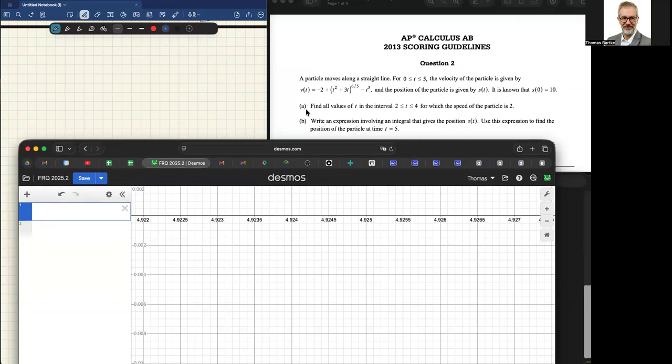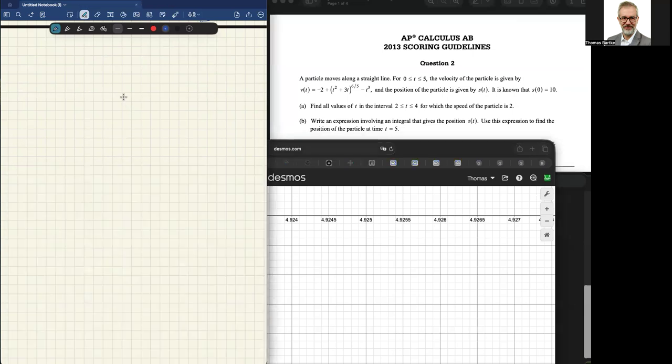Okay, so find all values of t on the interval between 2 and 4 for which the speed of the particle is 2. Before we actually go into the calculator, let me remind you of an important thing. Speed is a specific keyword that means the velocity of the particle independent of the direction.